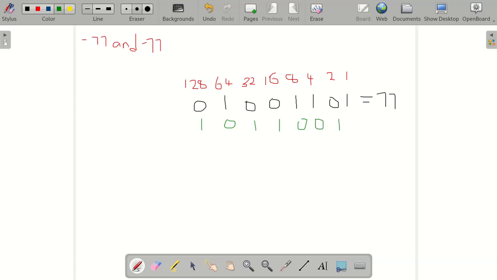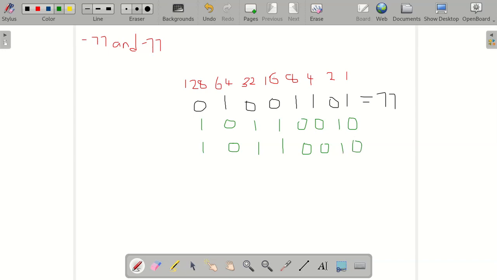There we have it. This is our -77 in 1's complement. This number is just repeating itself because they are telling us -77 and -77. So I'll just repeat this without wasting time. No need to convert again. We've already converted our first -77 in 1's complement.